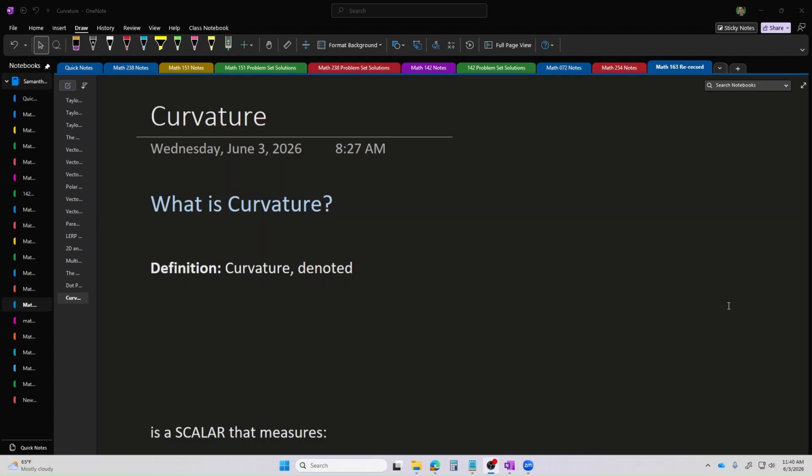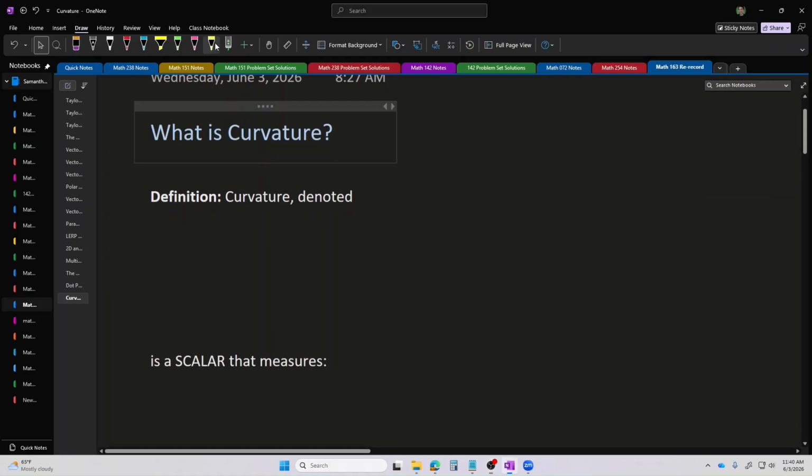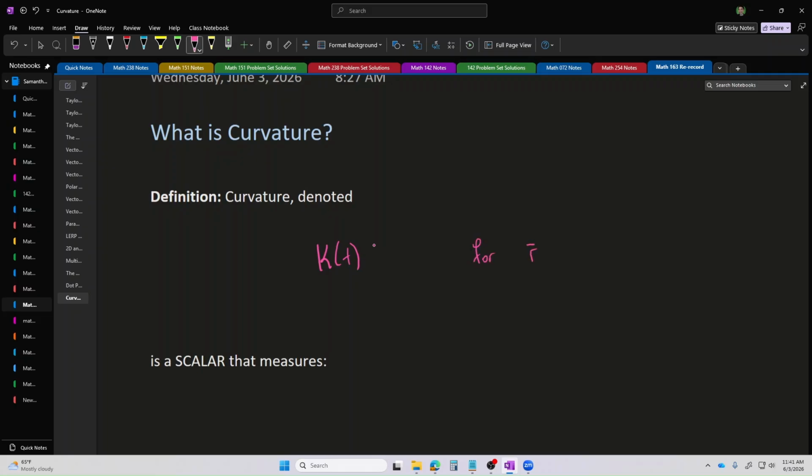In this video, we're going to talk about a quality of a vector-valued function known as curvature. The notation for the curvature of a vector-valued function is, technically, the Greek letter kappa, but in most practical cases, we just write it as the letter K. K as a function of t for a vector-valued function r as a function of t.